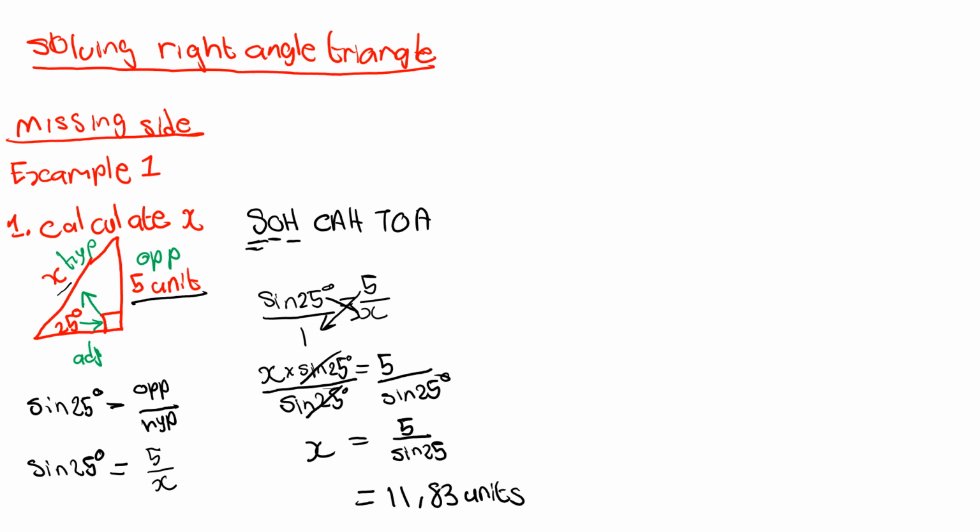So let's take, they gave you another one, and they said number 2. They ask you to calculate y given this triangle, where you're given 50 as your angle, is your y, which you need to find, then 7 units on the other side.